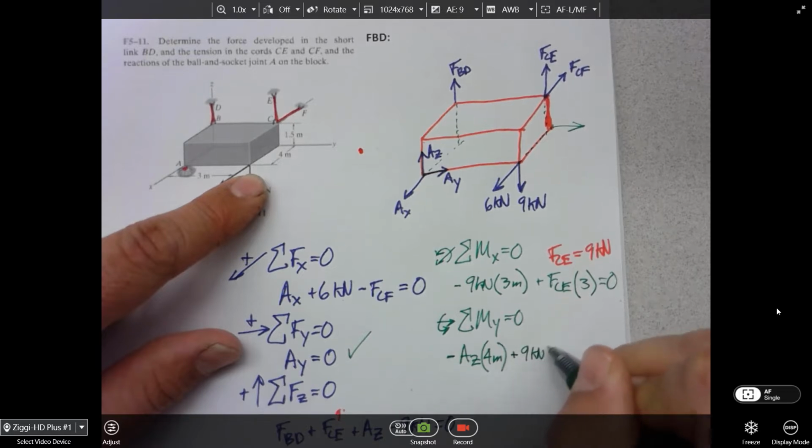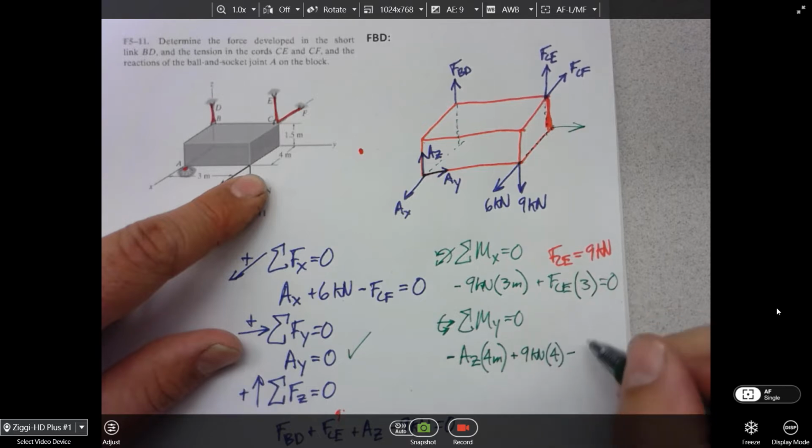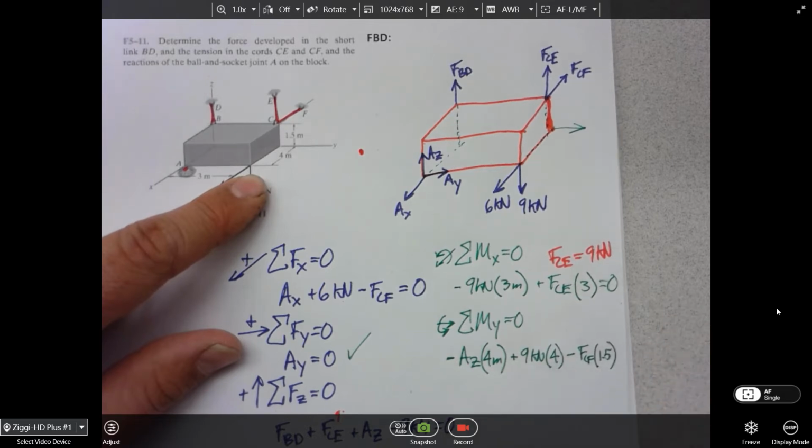Positive 9 kilonewtons times 4. Anything else? Yep. Positive or negative? Negative. Good job. And I think that's it. So that's going to be equal to 0. Okay, so can't solve that one quite yet. Let's do one more.